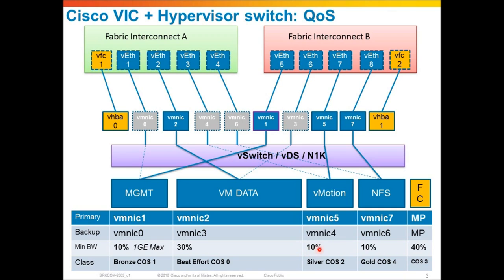It's not a maximum. So vMotion will have access to all 10 gig of bandwidth. And we can divvy this out amongst all the other traffic profiles as well, NFS and management. As long as all of the minimums add up to 100%, then I'm good. And I've also reserved 40% over here for the Fibre Channel over Ethernet traffic. If you're not using FCoE, then you don't need to provision this, and you've got another 40% of minimum bandwidth that you can assign to other potential applications.